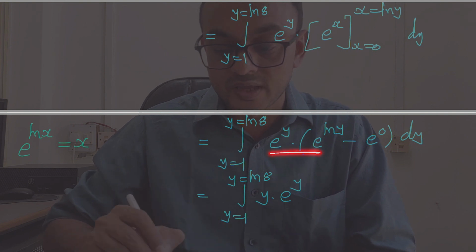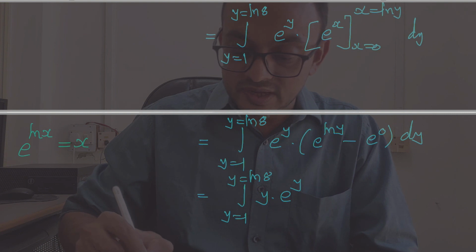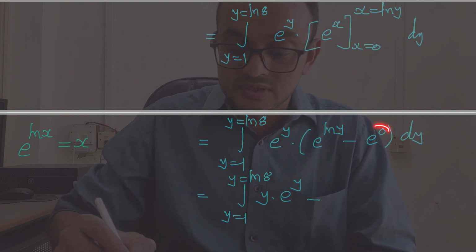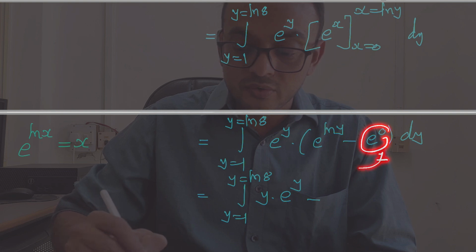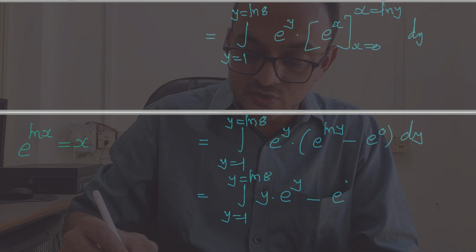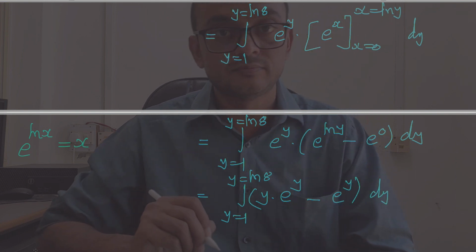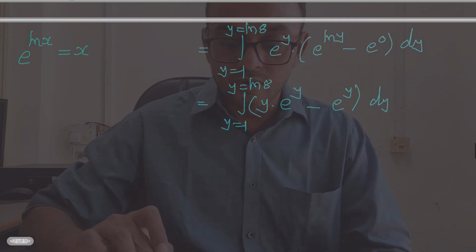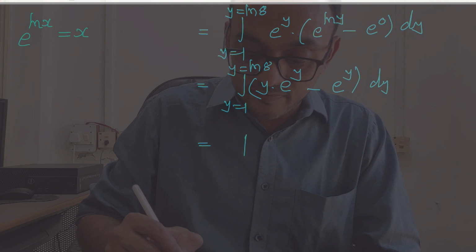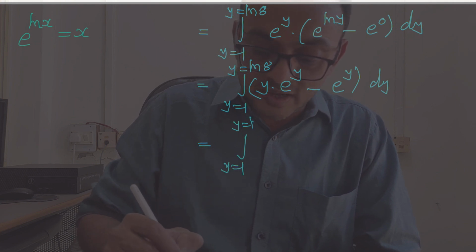So this is y into e raised to y. Right. This minus sign, e raised to 0 is 1. So this is 1 into this. So 1 into e raised to y is e raised to y dy. Clear? Okay. So now you know how to integrate this. Integration y is equal to 1 to y is equal to ln 8.